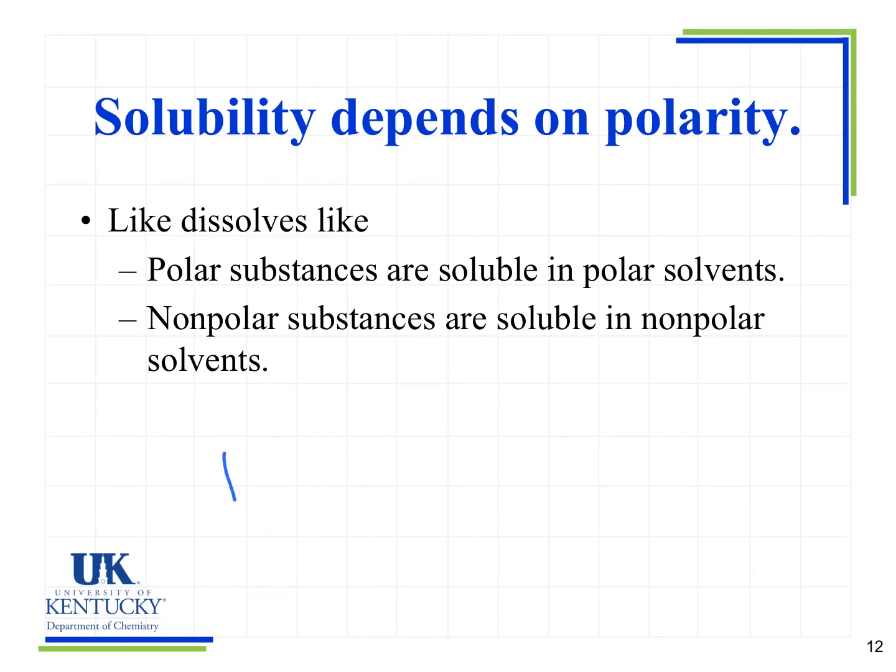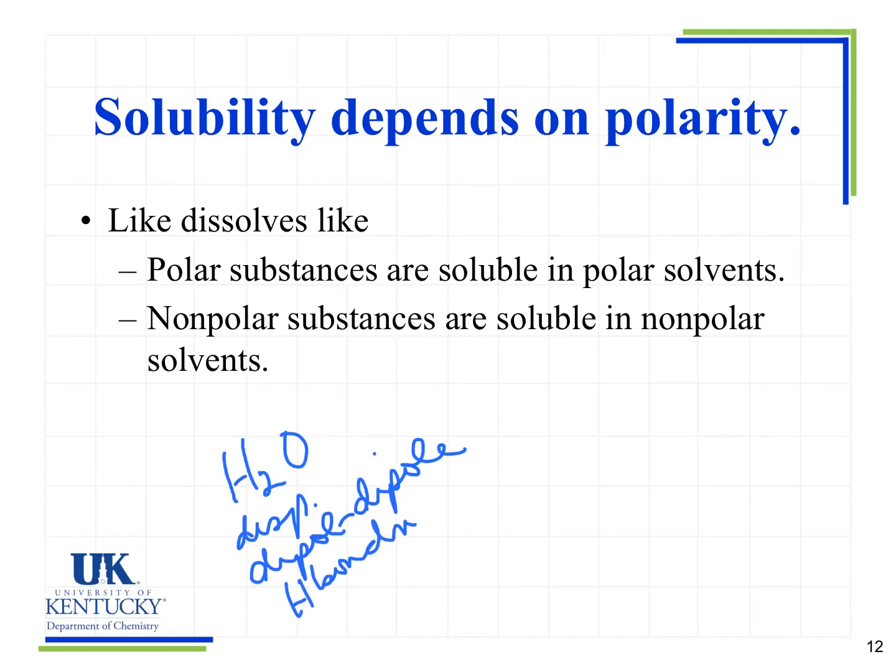If I have a substance like water, where I know I have dispersion, dipole-dipole forces, and some hydrogen bonding, and I compare that to, say, butane, where I really just have dispersion forces, there's nothing in the water molecule that can really interact with the butane molecule and vice versa.